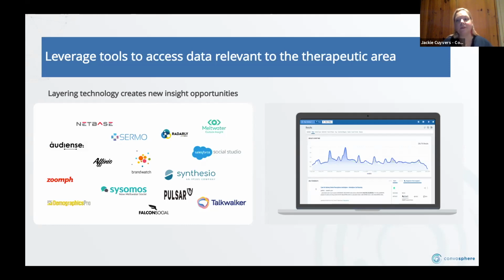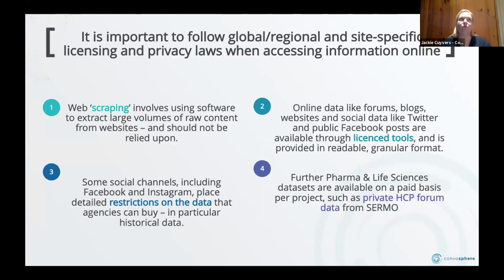These tools are generally licensed. You might already have access to one or two. And it's important that you use something like a social listening tool, and that you don't just use scrapers or web crawlers to go and gather the data. While it's technically possible, you don't really want to run that risk.